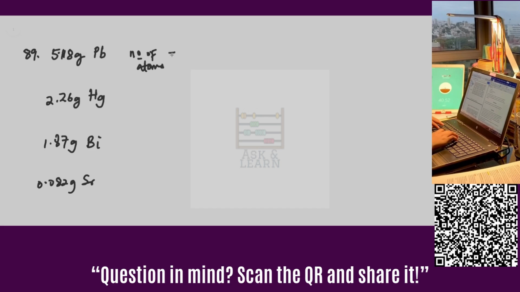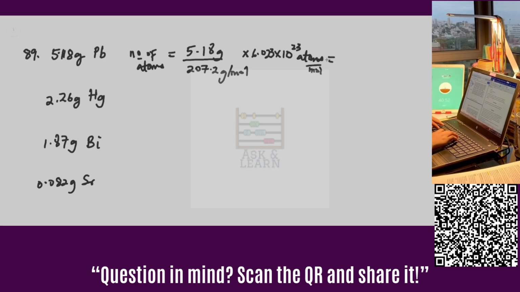So for the first part, the number of atoms in 5.18 grams of lead, essentially we have to find what the mole is. The mole is given by the mass over the molar mass. So we take the mass 5.18 grams over the molar mass of lead, which is 207.2 grams per mole. And this is going to give us the mole. So we multiply this by Avogadro's number, which is 6.023 times 10 to the power 23 atoms per mole.